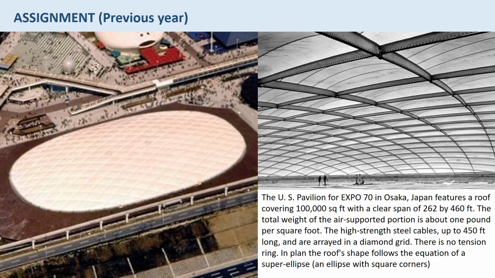Folded plate structure, as explained in previous questions, is a structure of assemblies of flat plates or slabs inclined at different directions and joined along their longitudinal edges. Then we have air supported pneumatic structure and inflatable pneumatic structure. Both of these are types of pneumatic structures.